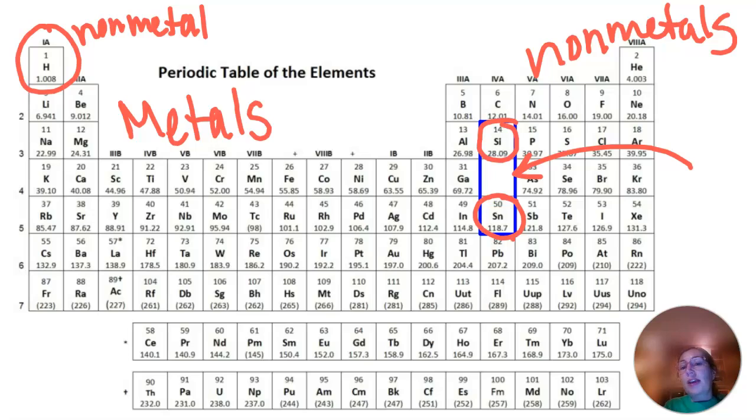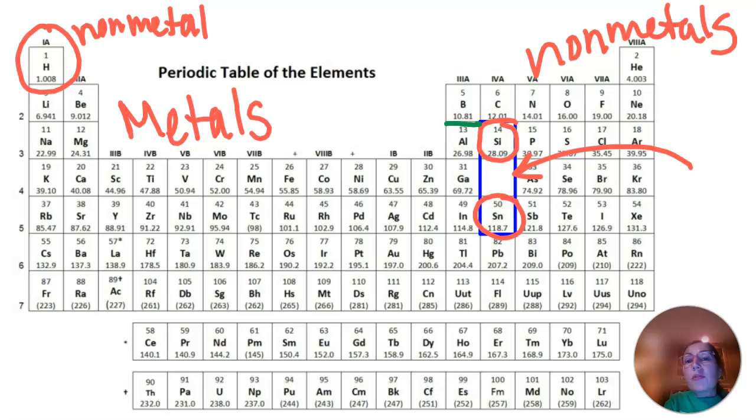Let's pretend there's a gap and then there's tin. Mendeleev predicted the properties of an element yet to be discovered, and he called it ecosilicon, really for after silicon. And again, here's our staircase, which separates the metals from the nonmetals with those metalloids. So how do we find it?